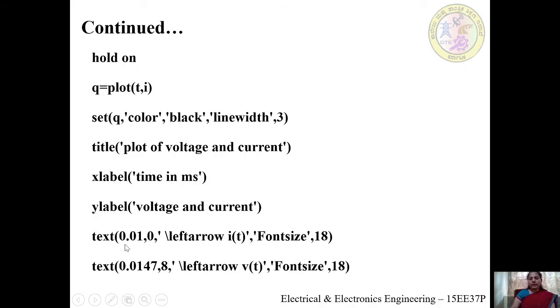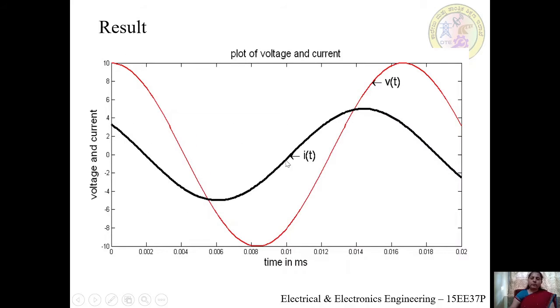I am mentioning the x coordinate and y coordinate, and I have given it a left arrow because I want a left arrow marking there, and a text I of t. So it's going to be marked like this, where x is 0.01 and y is 0. And there is also an arrow mark shown on the sketch along with this text I of t.